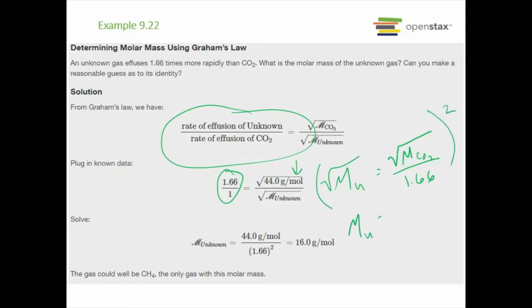So the molar mass of our unknown is equal to the molar mass of CO2 divided by 1.66 squared, and we get 16.0 grams per mole. If you were to look up a gas with a molar mass of 16.0, you would probably get methane. CH4 is the only gas that has this mass.